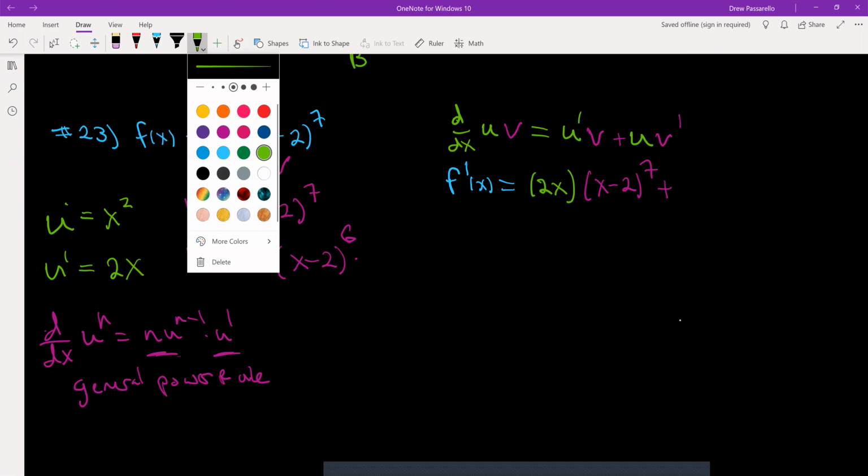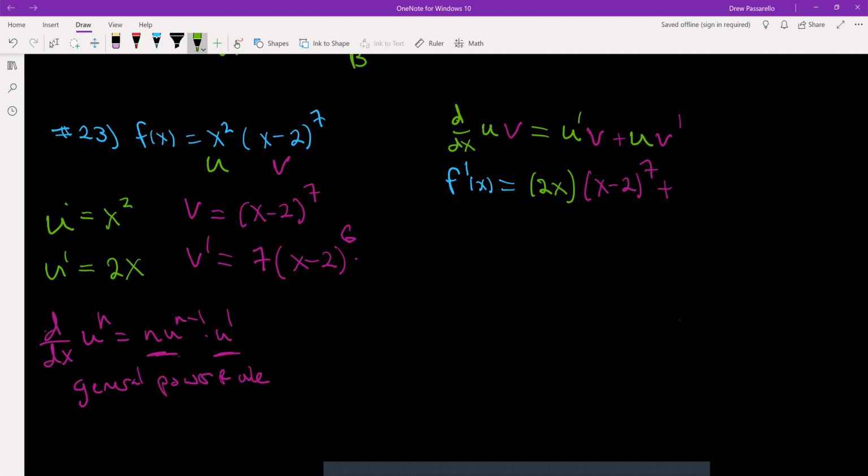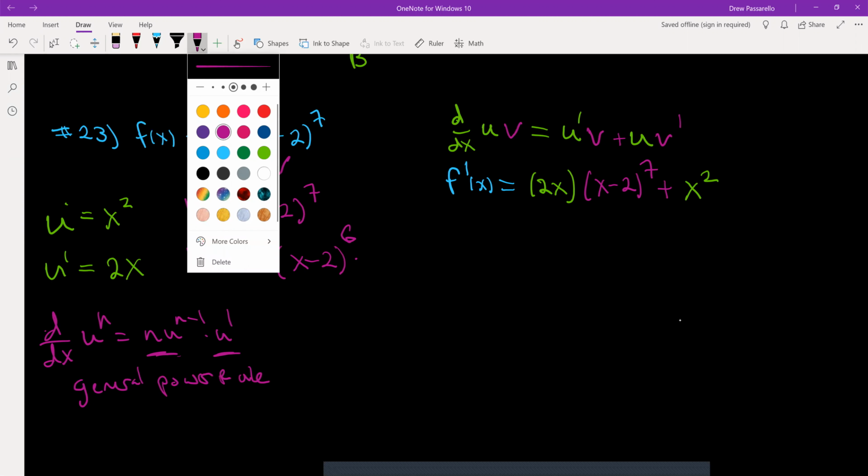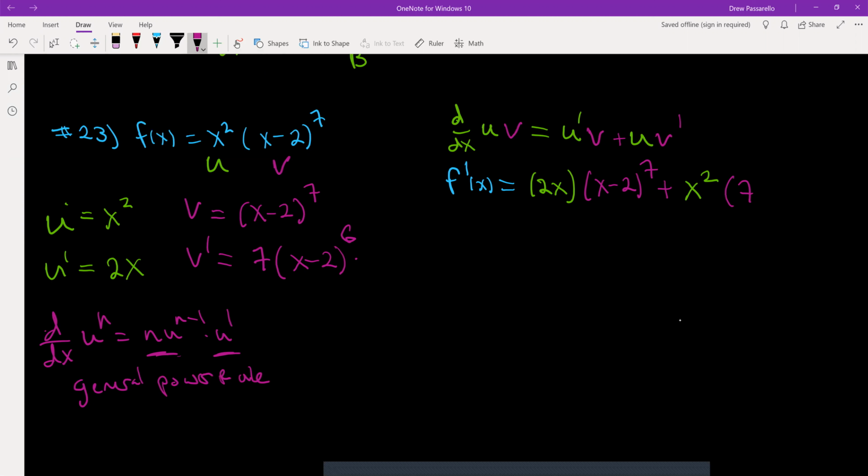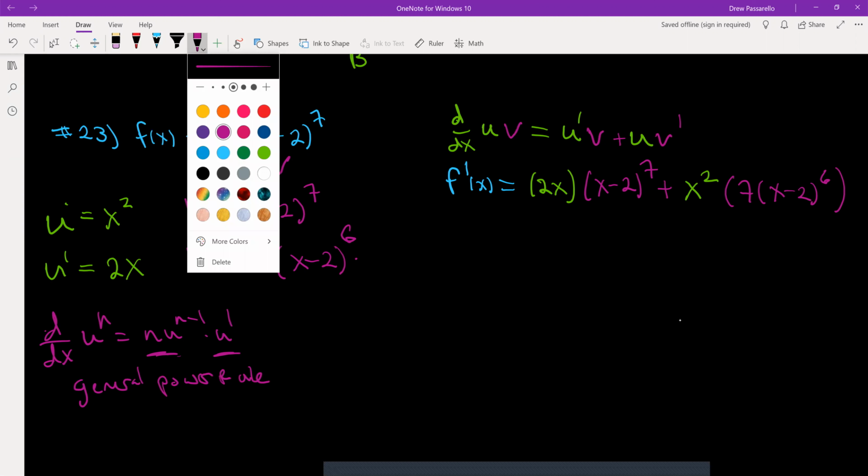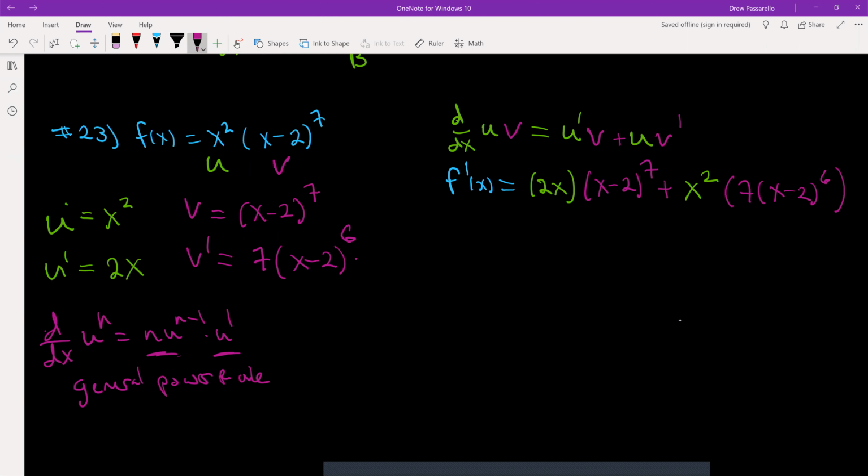U is x squared. V prime is this 7 times x minus 2 to the 6th power. All right, so that's just direct substituting into the product rule formula. And again, to find v prime, I had to use the chain rule to get 7 times x minus 2 to the 6th power, which is really the general power rule for that.